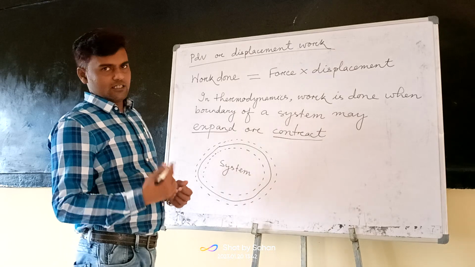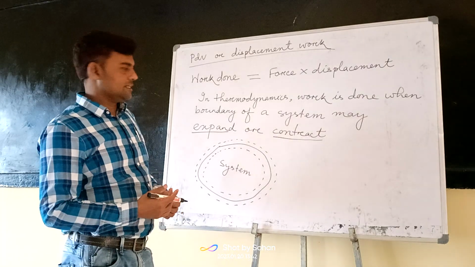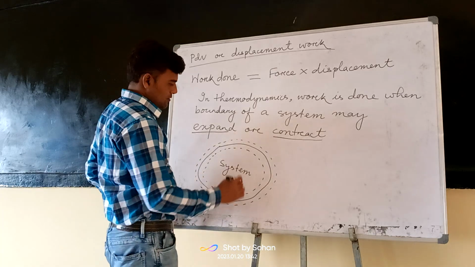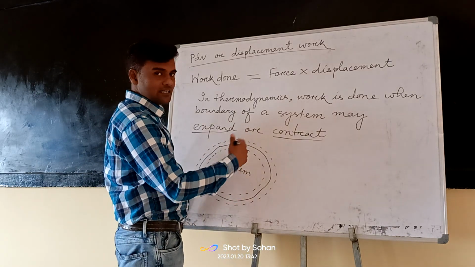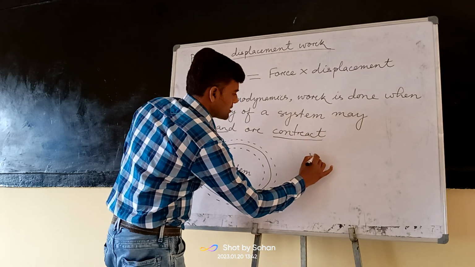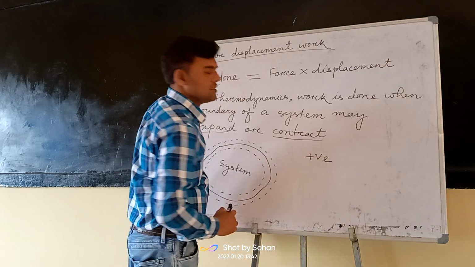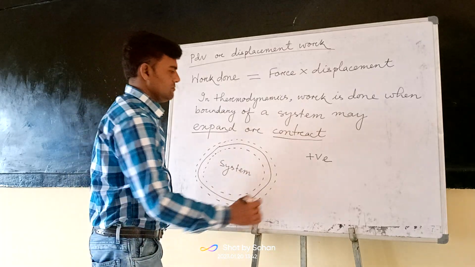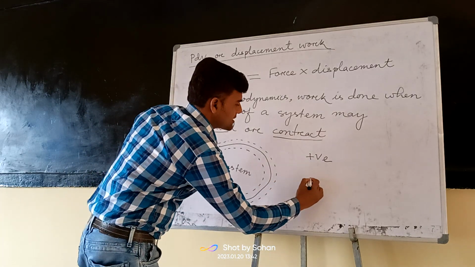So when is work positive and when is it negative? It is a notation. If work is done by the system, it is positive work. Work done on the system is taken as negative work.